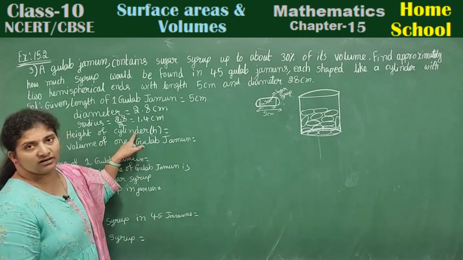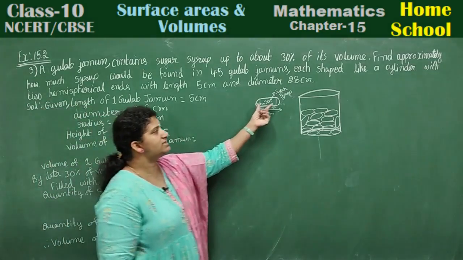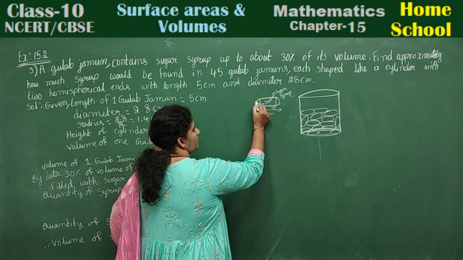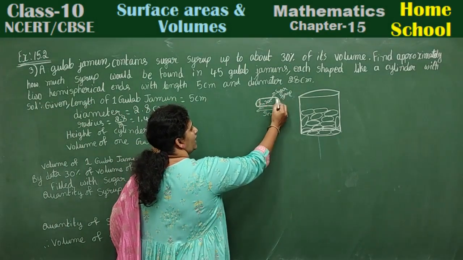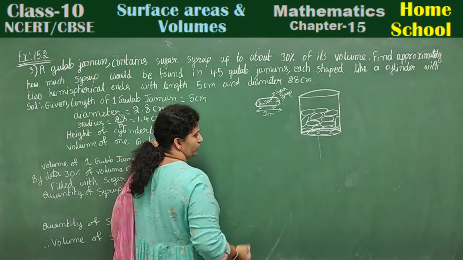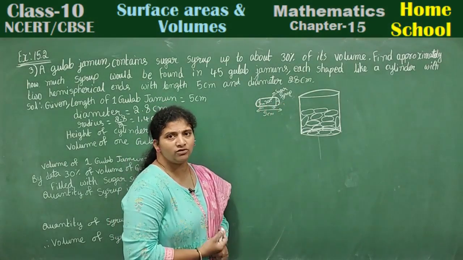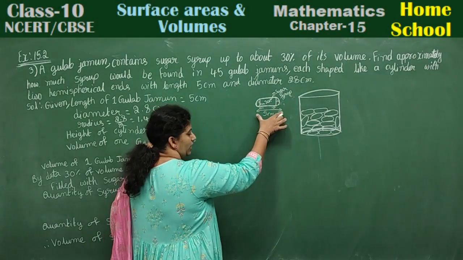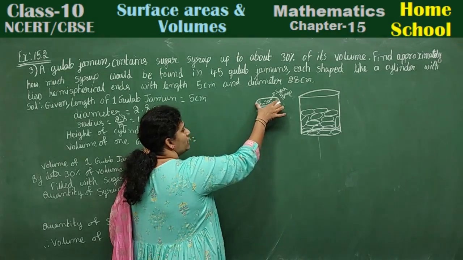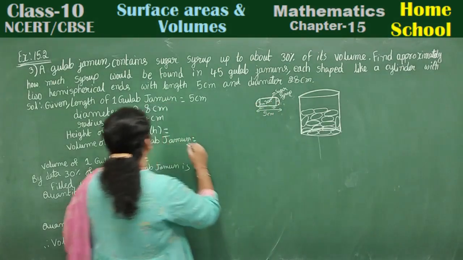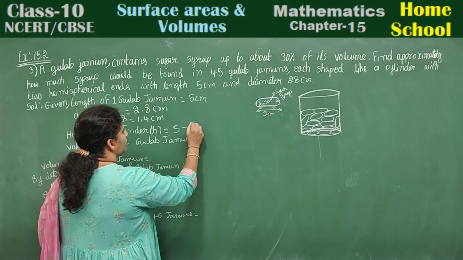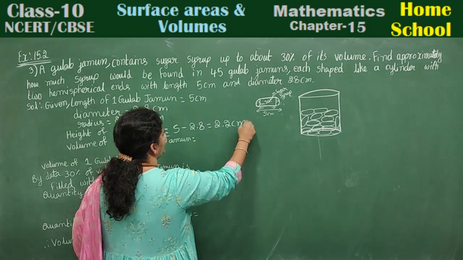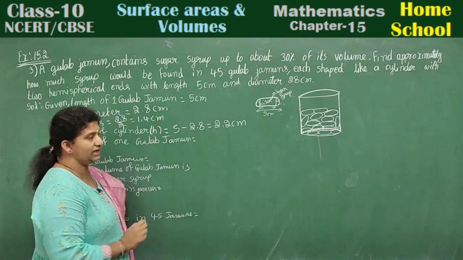Height of the cylinder h. What is the height here? Look here, from here to here 1.4 and from here it is 1.4. 1.4 plus 1.4 will be 2.8. So in the total length of a jamun, remove the hemisphere heights. That means 5 minus 2.8, that will be 2.2 centimeters, the height of the cylindrical shape.